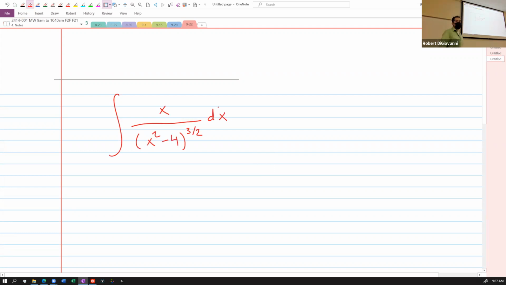So this doesn't immediately look like trig sub because with trig sub, you're looking for that square root, right? Here, you just have to realize that this is actually the same as the square root of x squared minus 4, all of that cubed dx.